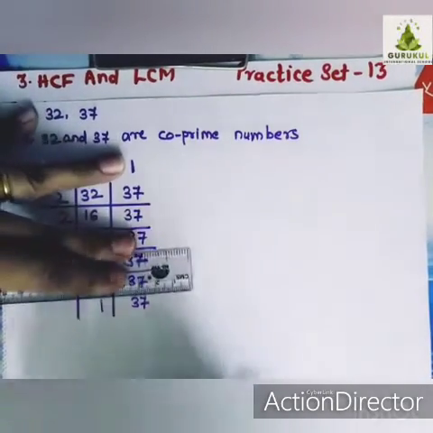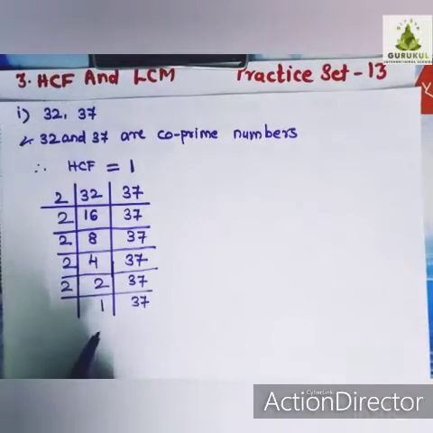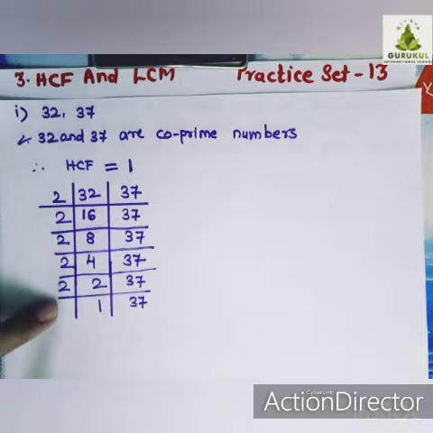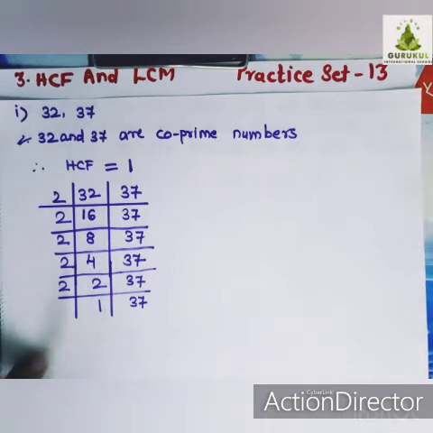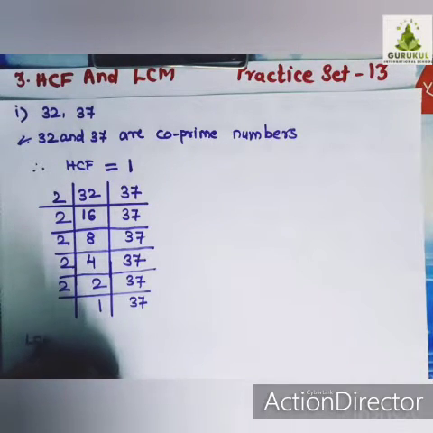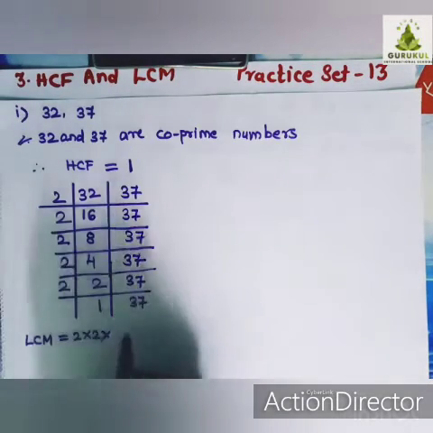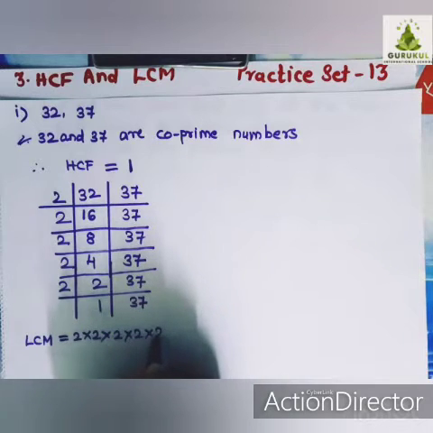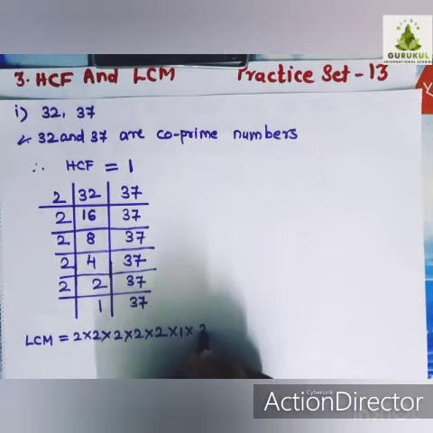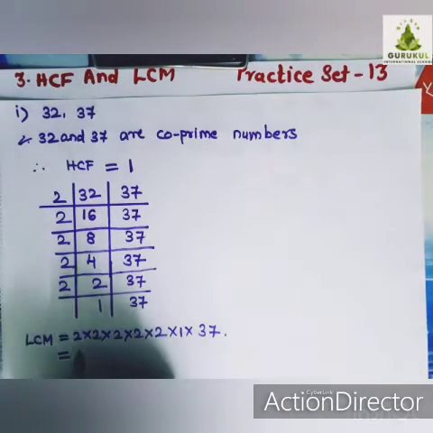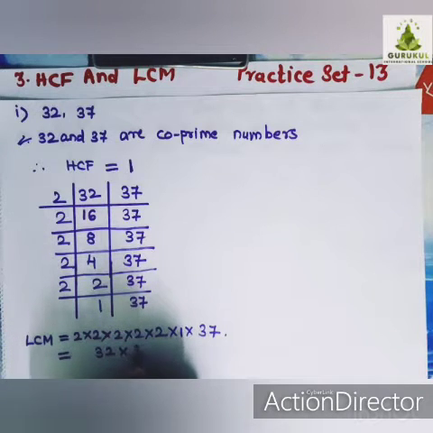We stop here and write the LCM, which is the multiplication of the side factors and the downside factors. So LCM is equal to 2 into 2, 5 times, into 1 into 37. If you calculate, this will come 32 into 37, and the number comes how much?